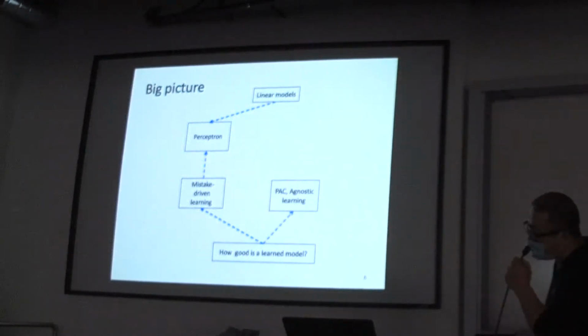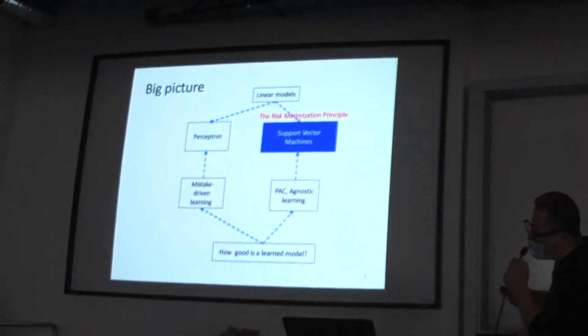That's why we introduced the PAC learning and agnostic learning setting, right? So remember, the motivation of computational learning theory is to, based upon the training error, estimate or bound the true error, or the generalization error. So this will motivate the Support Vector Machines.